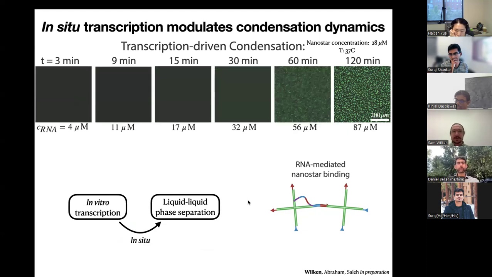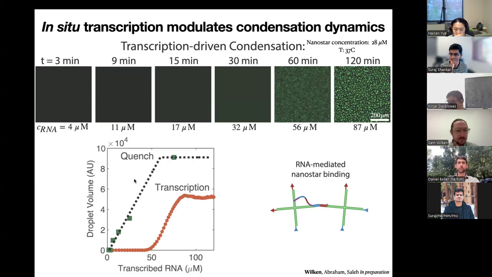So now really what we're interested in is doing this together, forming the droplets and transcribing the RNA together. And so now we're going to do it in situ. I'm showing you now similar images where there are different concentrations of RNA being transcribed. It's increasing as a function of time, but droplets only form much later than we would have expected for a near equilibrium process.